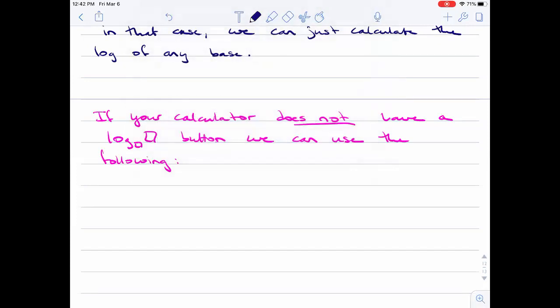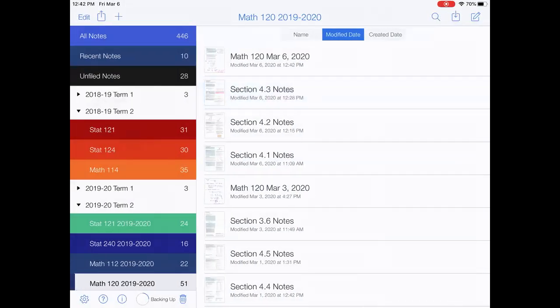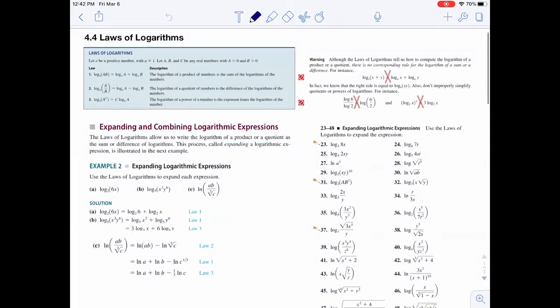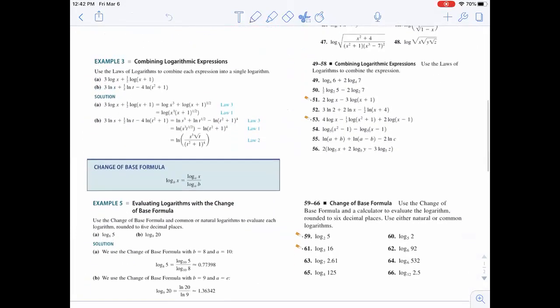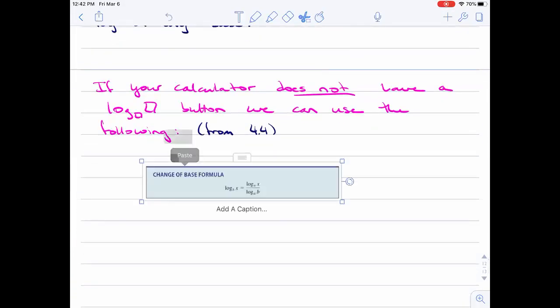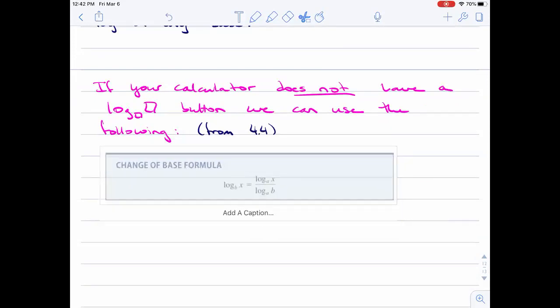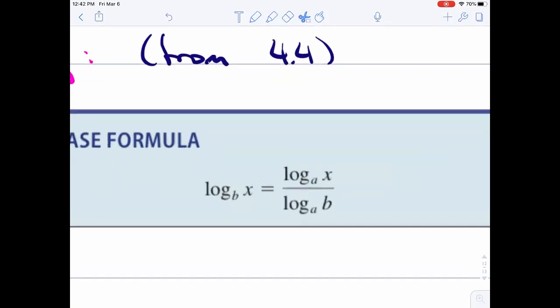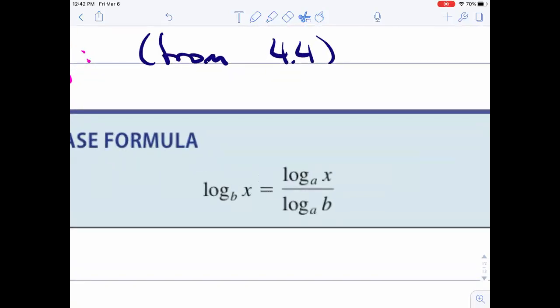This is from the 4.4 notes, because I am skipping ahead a little bit here. The change of base formula means that I can rewrite log base b of x as log base a of x over log base a of b, which means that I can pick a convenient value of a here, and for me, that's always going to be log base e.